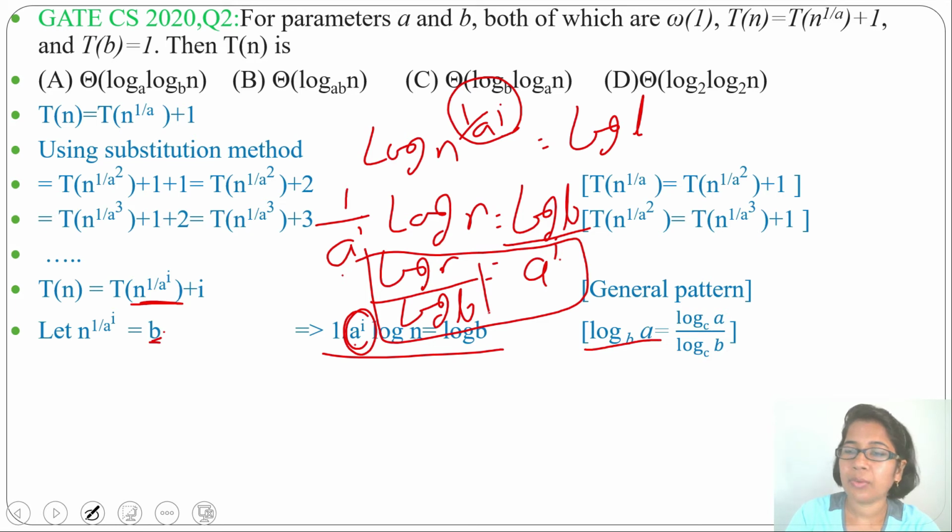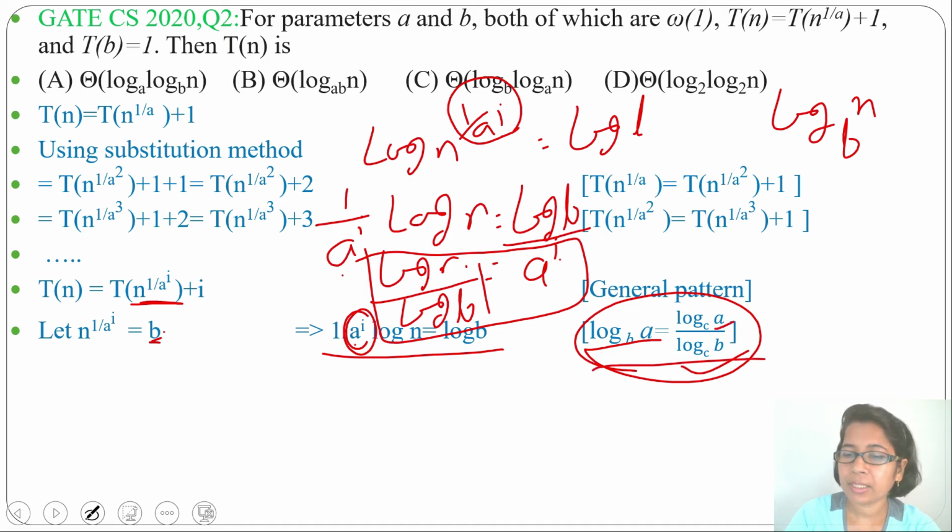So this we can write as log n base b. This formula I already discussed during the logarithm lecture. Just go through that and you can understand. If it is in the format log a base c divide log b base c, we can write it as log a base b. So here we can write log n base b. We found a power i equals log n base b.